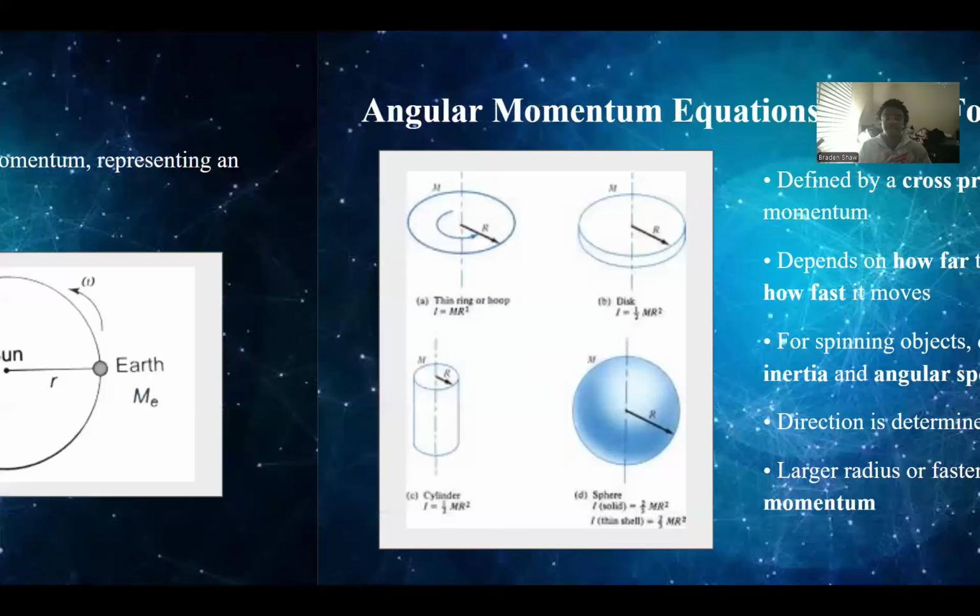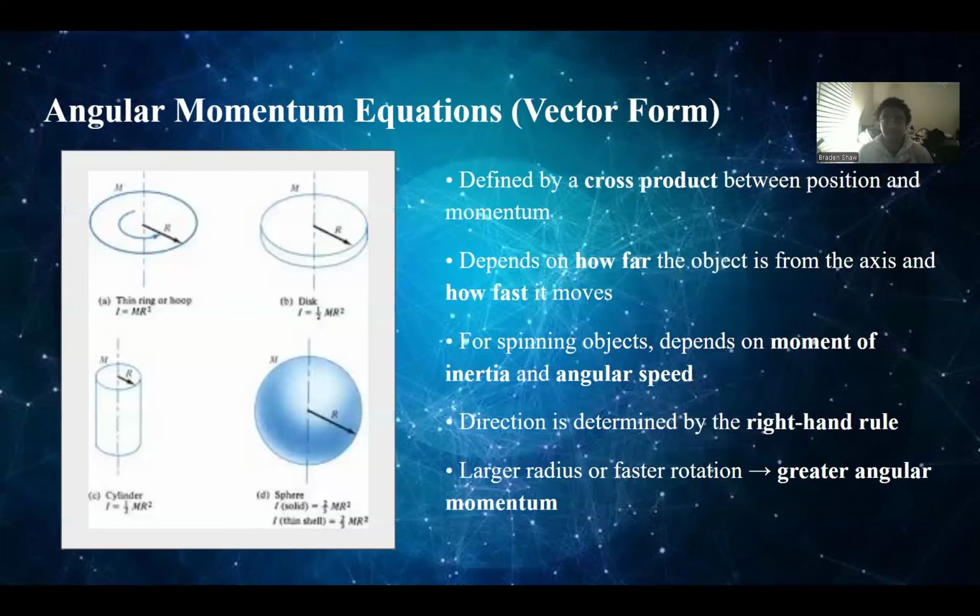Next slide, slide 6, angular momentum equations in vector form. Angular momentum can also be expressed using vector equations. For orbital angular momentum, it is defined using a cross product between the position vector and the momentum of the object. This equation emphasizes two key ideas: how far the object is from the axis and how fast it is moving.